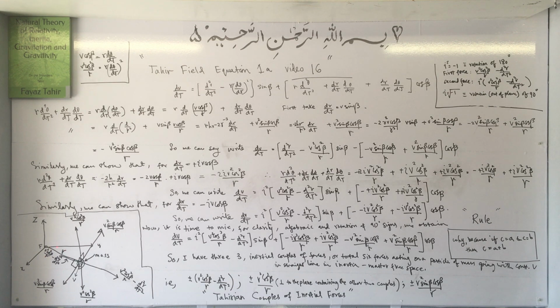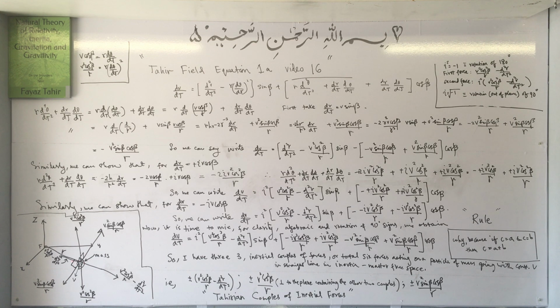So this is v square cos square beta over r minus d square r over dt square. I've shown it with this arrow a little bit separated from the radial distance so that the reader does not get confused, because this is the radial distance from the focus to this mass m. The focus does not contain any mass, it is just a hypothetical reference. Okay, so when we consider two masses, we'll discuss. Okay, so this is the mass.